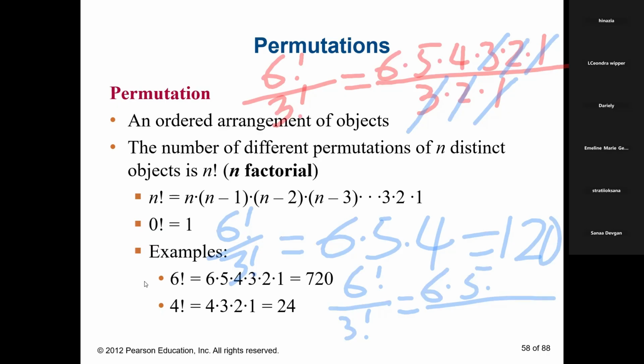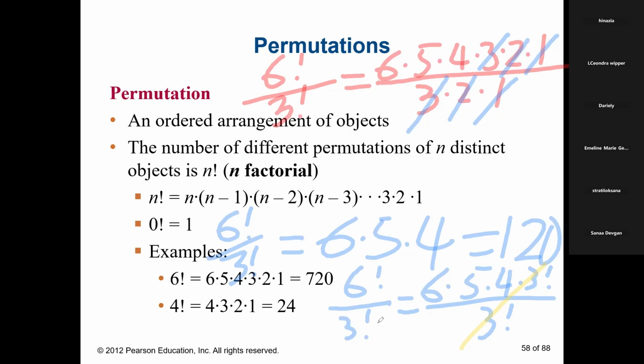I'm gonna stop at 3, because the bottom number here is 3 factorial. And then I cancel the 3. See here, I still get 6 times 5 times 4. Is this clear?